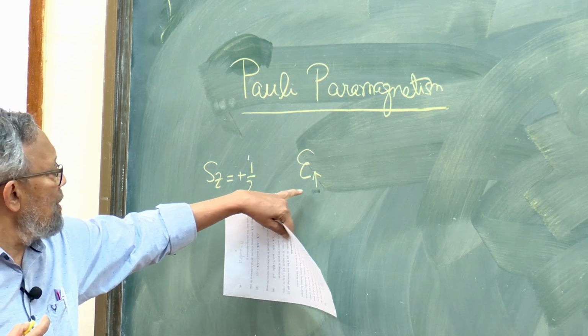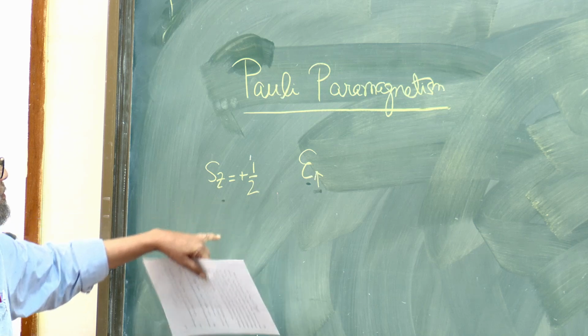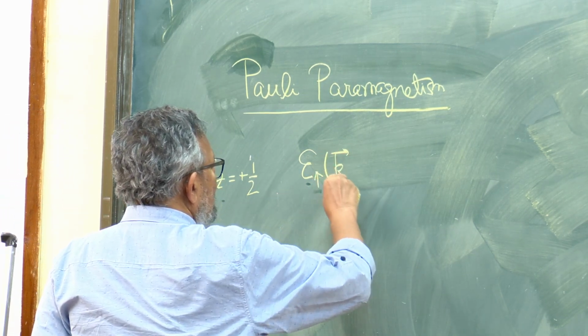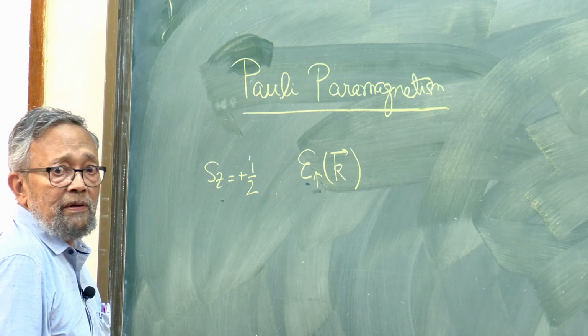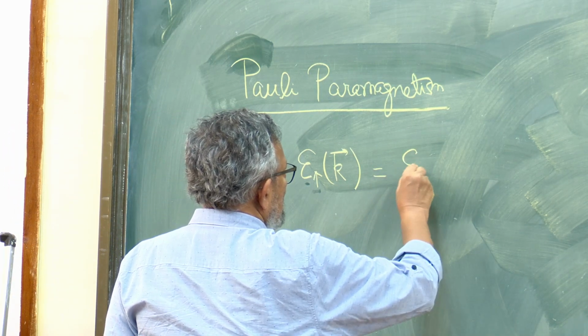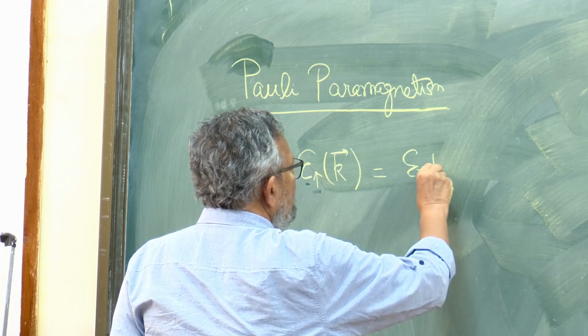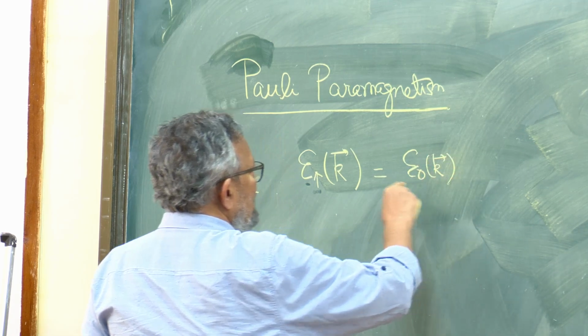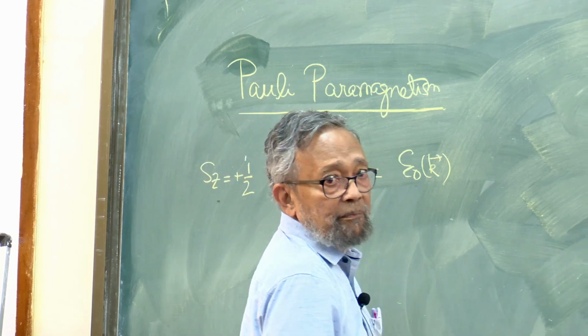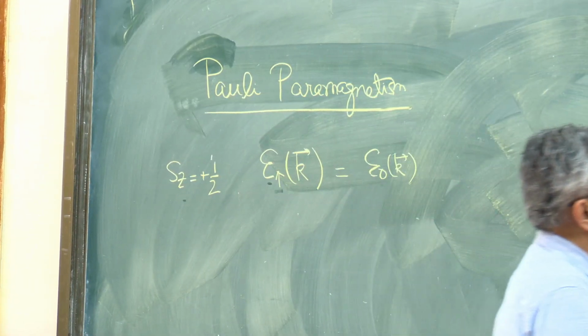So if Sz equals plus a half, the energy, and now we have a k vector that specifies the single particle state, will be E0 of k. E0 basically means when there is no magnetic field, and then there will be the contribution of the magnetic energy.